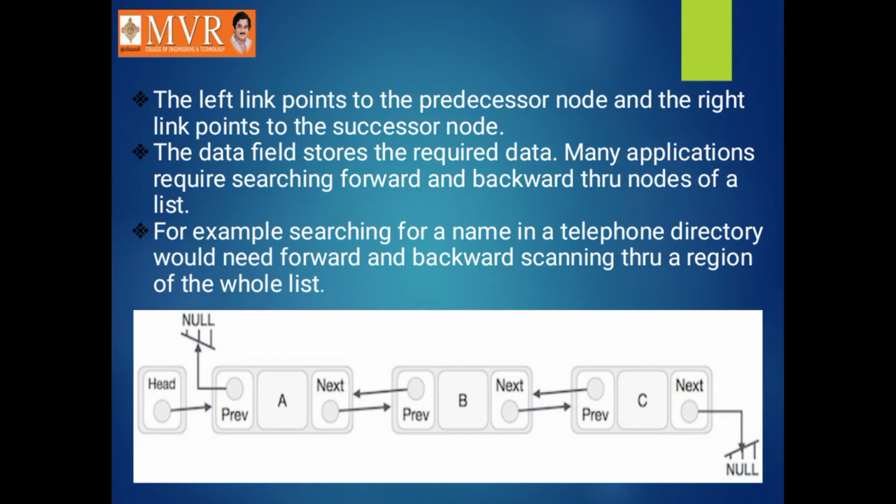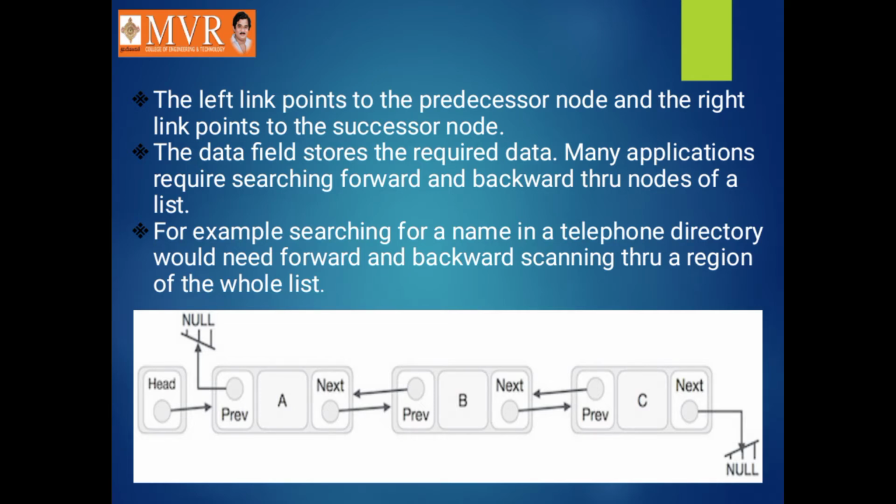In such applications, this double linked list can be useful. For example, searching for a name in a telephone directory would need forward and backward scanning through a region of the whole list. This is a simple example.